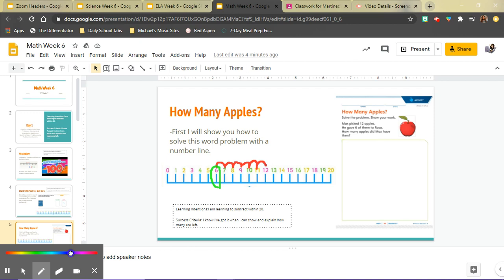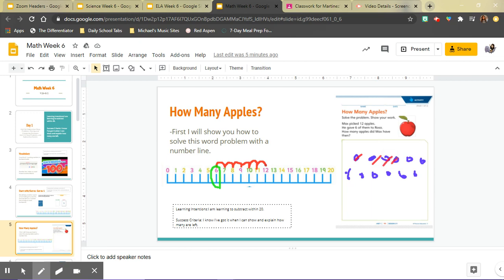So one way I could do that is by drawing a picture. 1, 2, 3, 4, 5, 6, 7, 8, 9, 10, 11, 12. And then I gave 6 away, so I'm just going to mark off 6, which left me with 6.